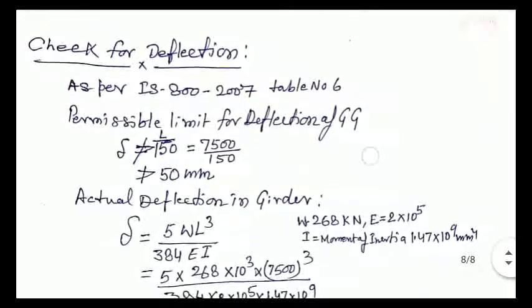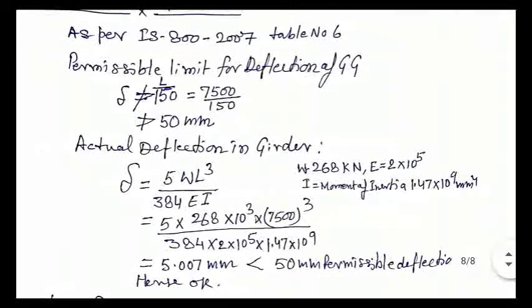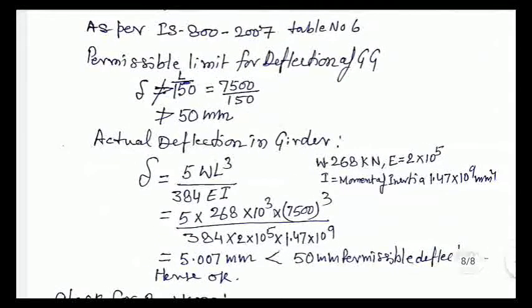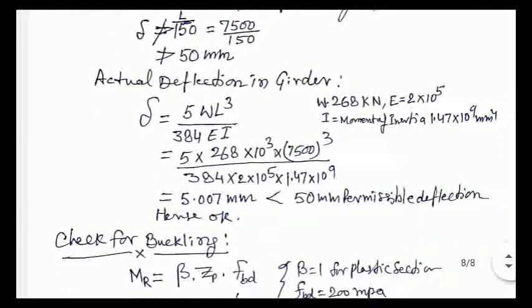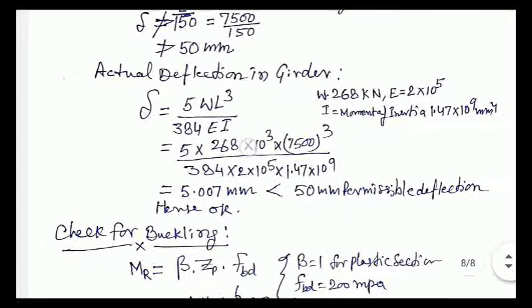Now check for deflection of the section. As per IS 800-2007 table number 6, the maximum permissible deflection of the cantilever, delta, should not be more than L by 150. So it comes out to be 7,500 divided by 150, which is 50 mm. Means the deflection in the cantilever should not be more than 50 mm for this case. So actual deflection in the girder delta will be 5WL cube divided by 384 EI.